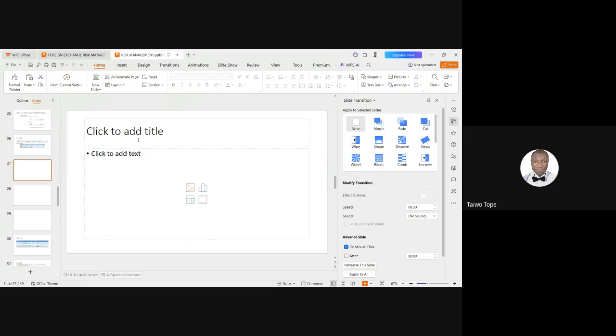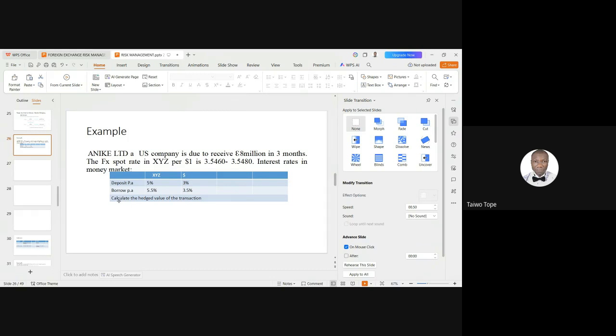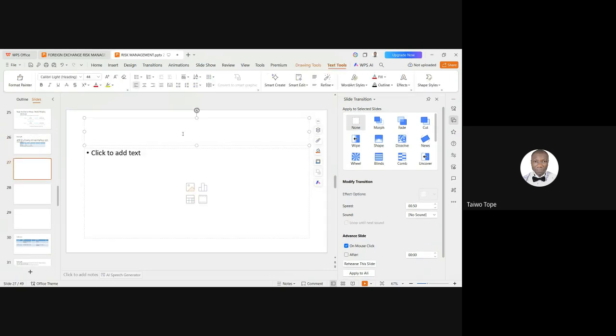Now, from the format we displayed for receipt, the question is to calculate the hedge value of the transaction. I hope you have the question so that you follow very well.